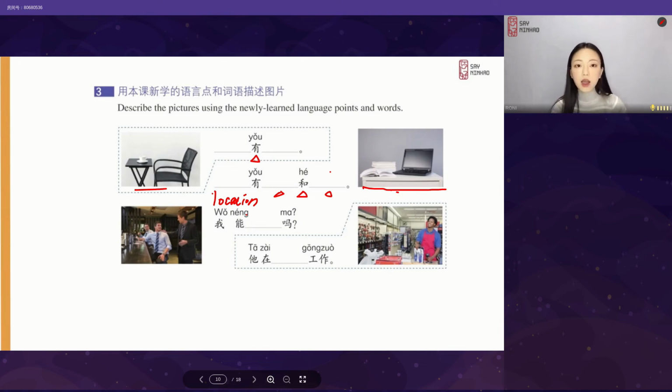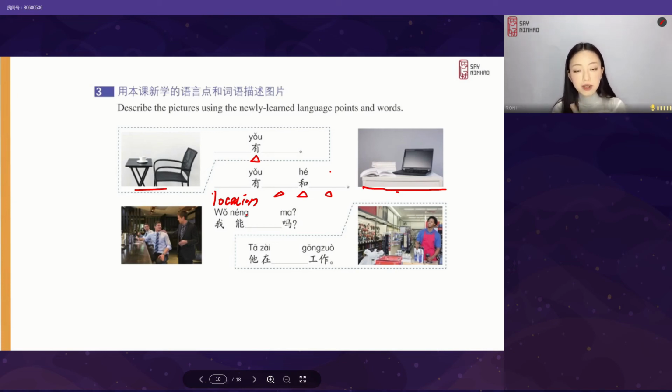Okay, try to say it. On the table, 桌子上有书和一个电脑. OK, 桌子上有书和一个电脑.